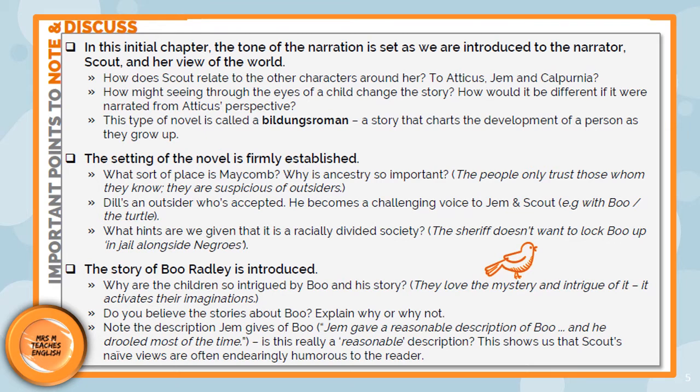Secondly, consider the setting of the novel. You need to make notes on the American South, the small town Alabama, and the deeply entrenched racism that we encounter in this community. Finally, pay attention to the story of Boo Radley. Who is he, and why are the children so captivated by him?